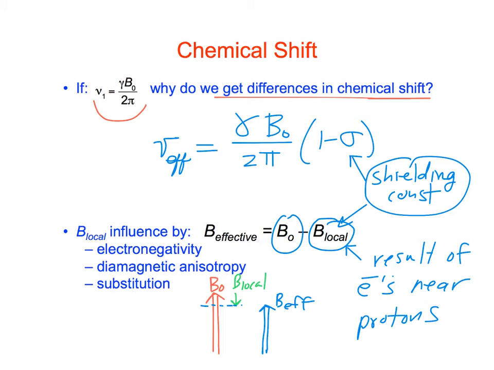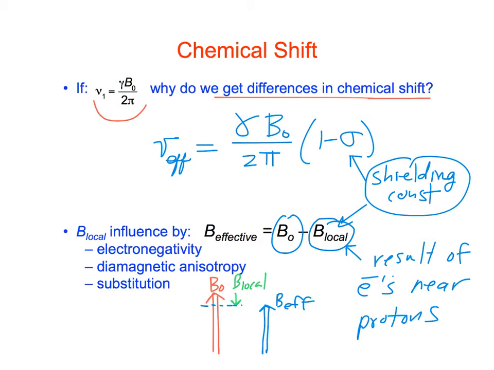And are they unique to each system, or is it universal? Well, they're going to be unique to protons in some unique environment. Compound to compound. Yeah, well, and signal to signal, right?